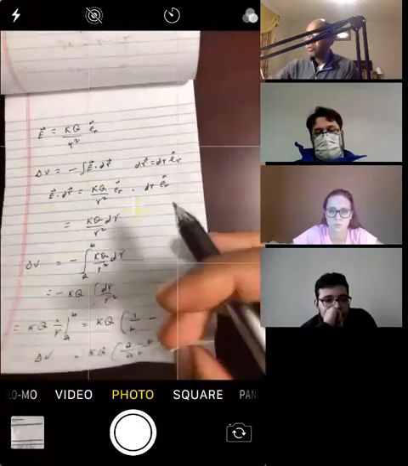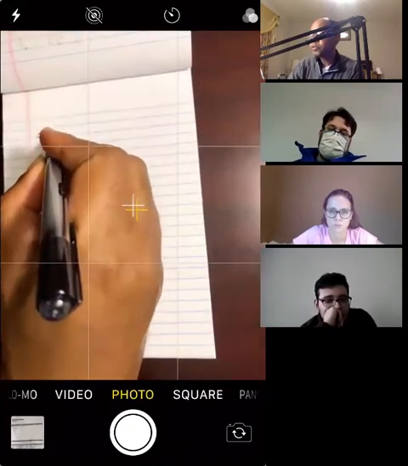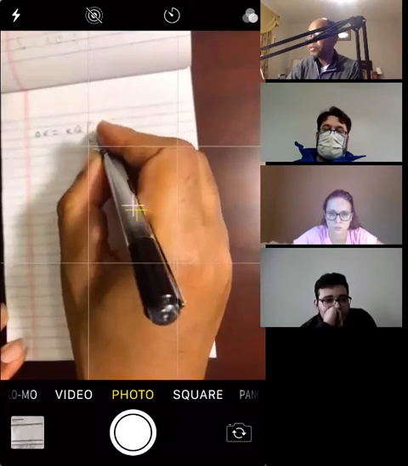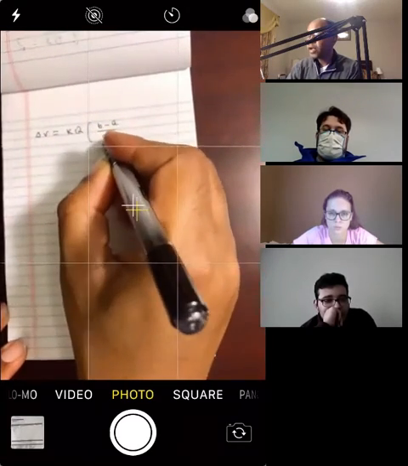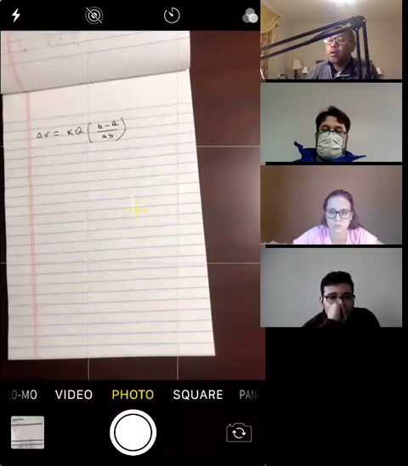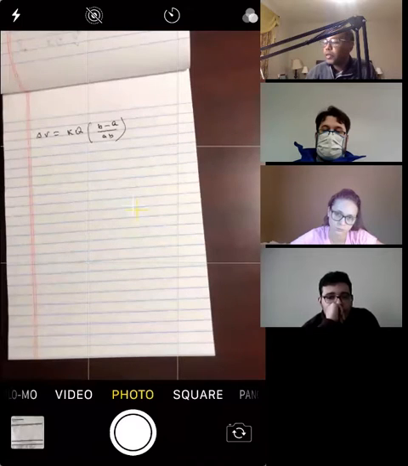So the potential difference is kq times (b minus a) over ab, where a and b are the radiuses of the inner conductor and the outer spherical conductor.